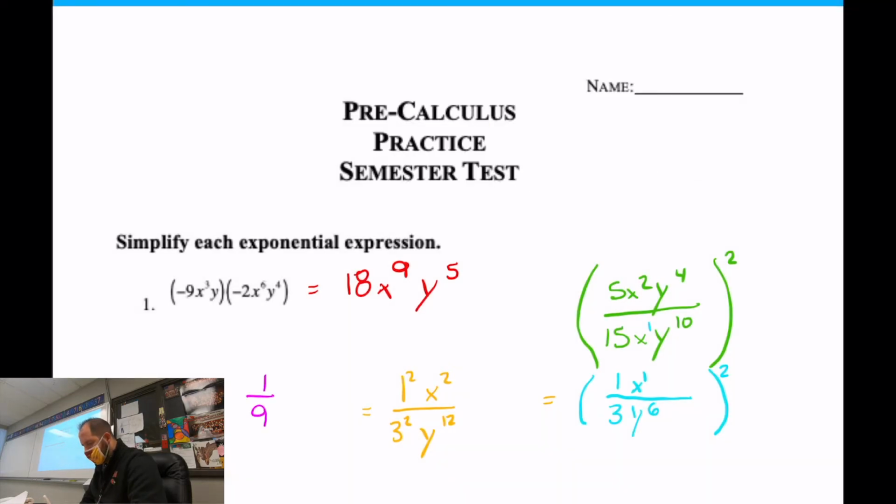Ends up being 1/9 x squared y to the 12. So 2-3 steps, something like that. Something short, simple, nothing overly complicated. If there's any negative exponents, you'd have to move them up and down and then simplify it.